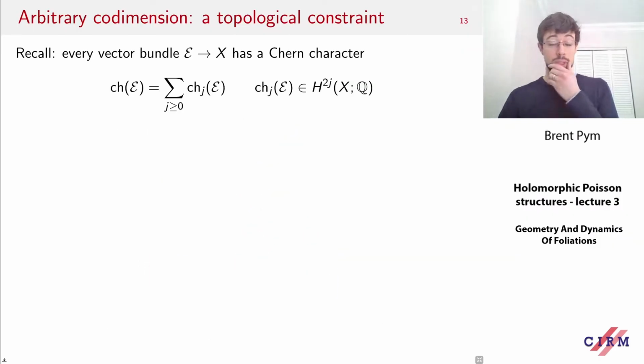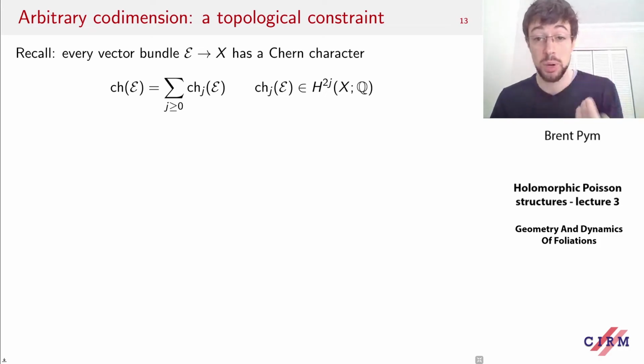So this applies to a regular Poisson structure of arbitrary co-rank. This is going to be a topological constraint on the manifold, and it's going to make use of characteristic class theory.